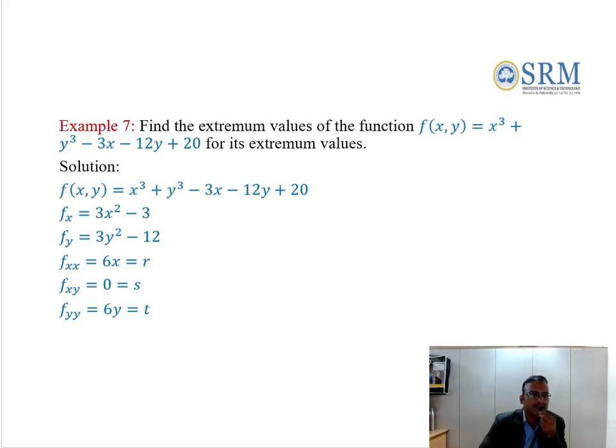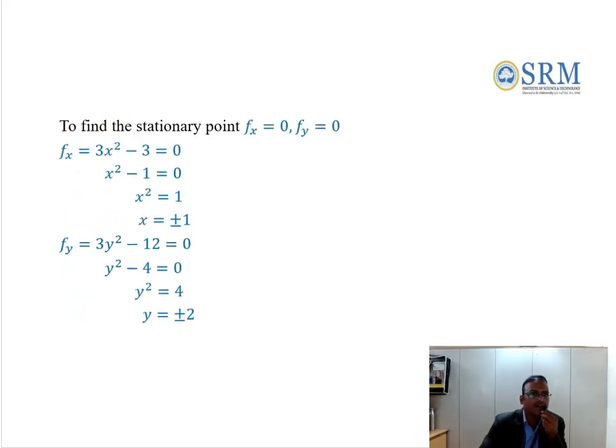Now, to find the stationary points, we have to equate the first derivatives fx equal to 0 and fy equal to 0. That gives the stationary points. Let us see those things in the next slide. Fx equal to 0 means 3x square minus 3 equal to 0. Therefore x square minus 1 equal to 0, or x square equal to 1, or x equal to plus or minus 1.